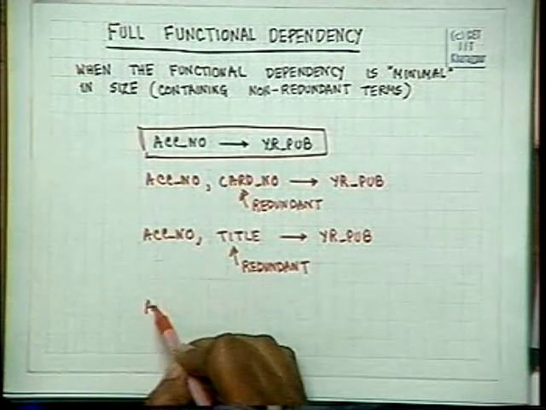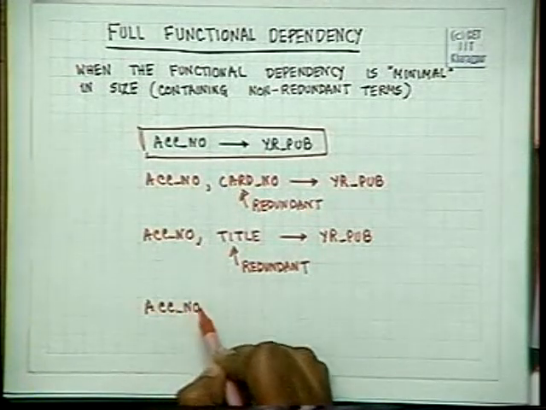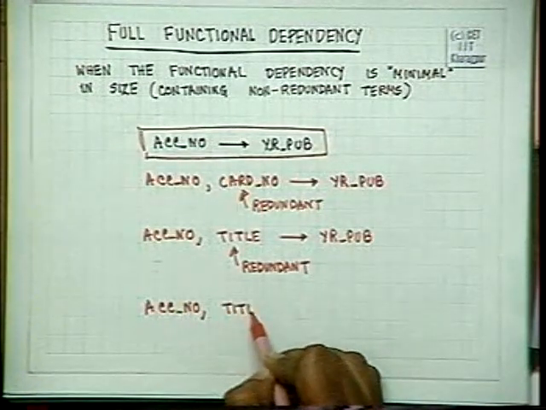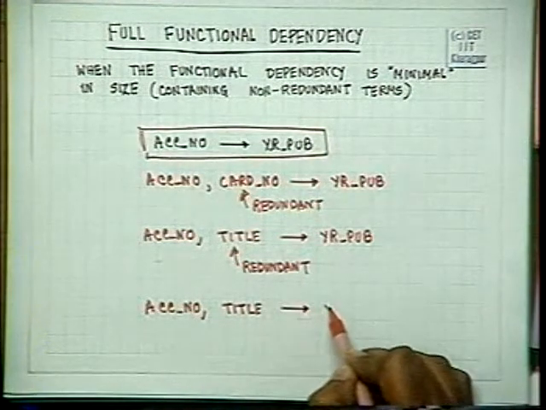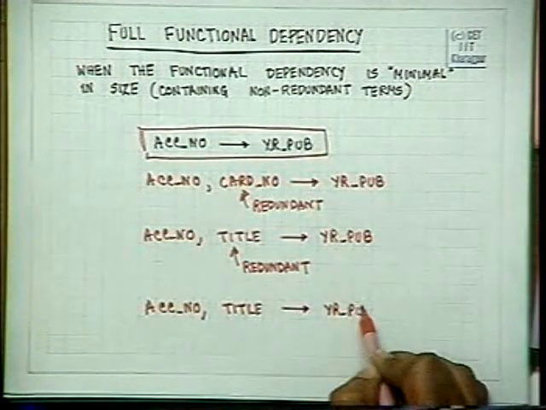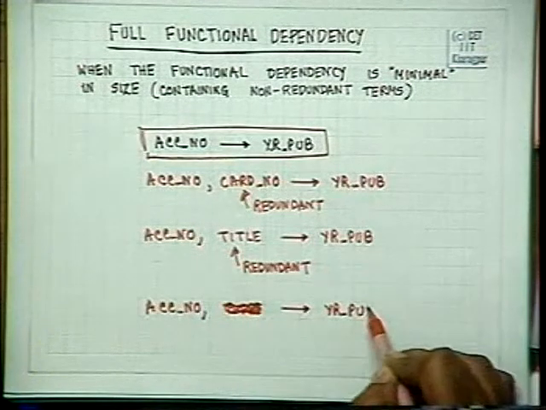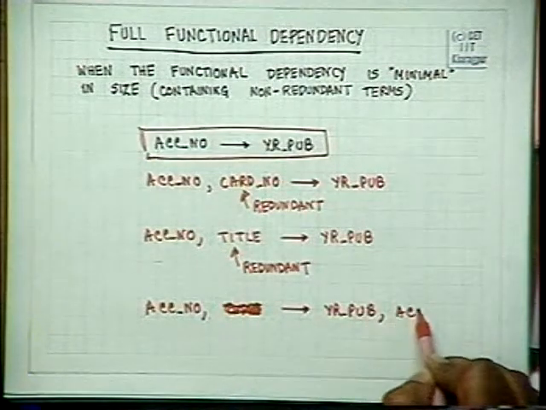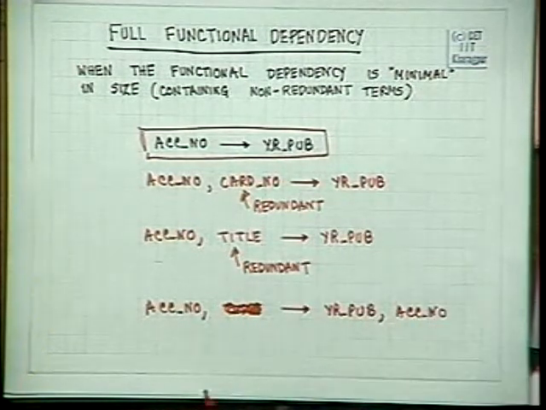I can also write down accession number comma title, year of publication, sorry, accession number, year of publication comma accession number. Even this is redundant.